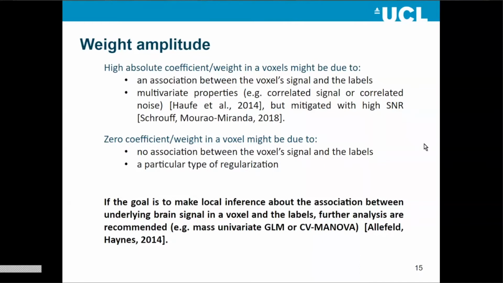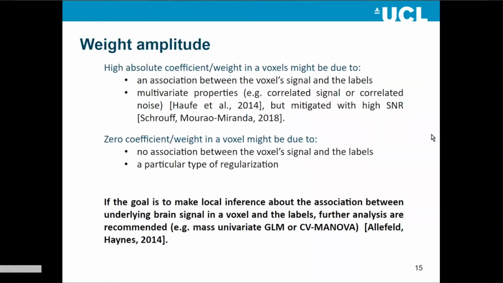There are other types of analysis that can be run for local inference. But really, with machine learning, if you want to be sure that your model has learned something that you think it should have, like faces versus houses, you want to see the fusiform face area on top. Then you can look at the weights for that, but you should not rely on whatever weights you're seeing on top as being the main contributors of the brain signal in your problem.